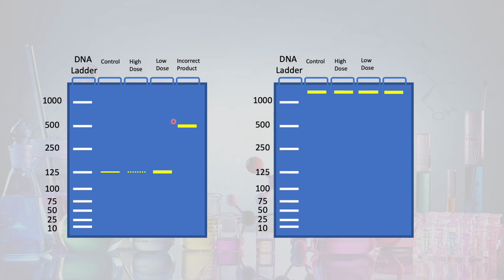So over here, this can indicate a number of things, but the important thing here would be that producing a band up here near 500 means that this is likely not our desired product, and essentially means that our PCR failed, again, potentially for a number of reasons.